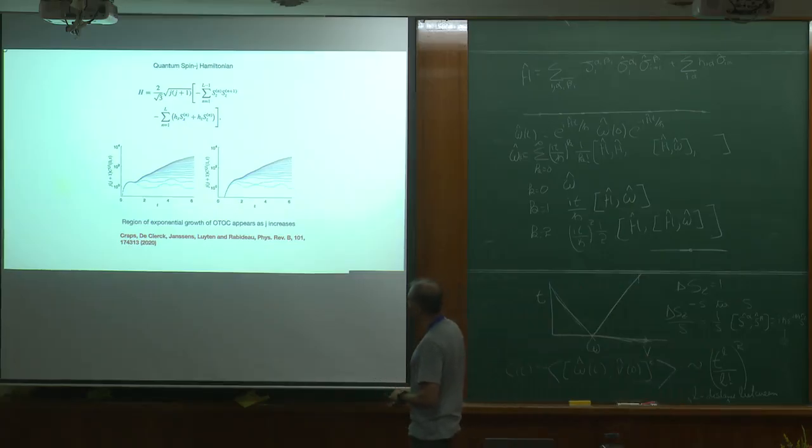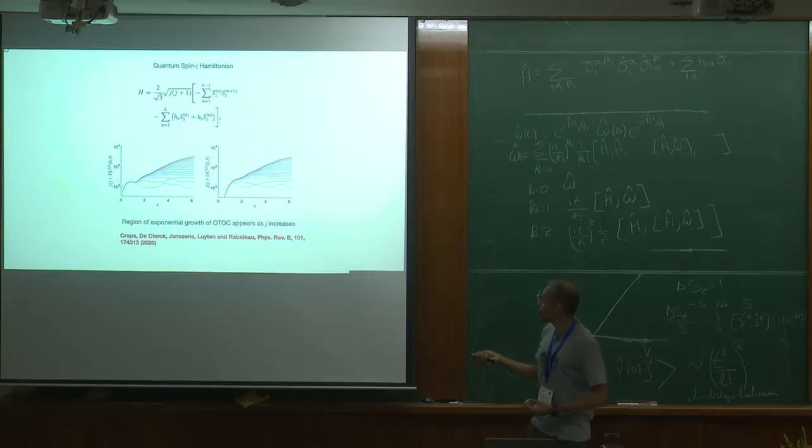I should have labeled this diagram a little better. But what these people have done is they've looked at a spin J Hamiltonian. So this is again very much within this class of Hamiltonians that I wrote down, except that now these spins are not spin half, there's some higher spin.